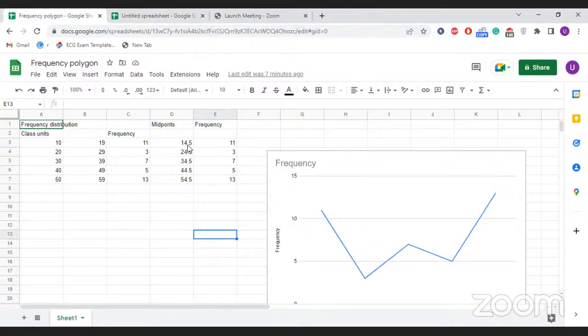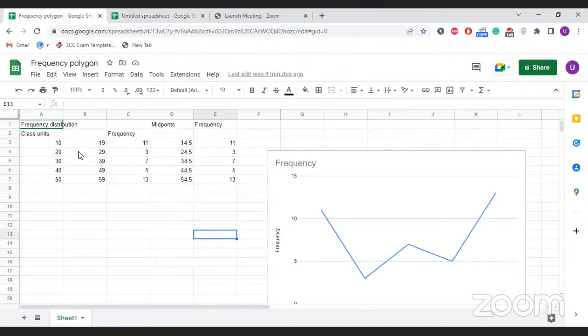It is 14.5. You can do this in Google Sheets by typing equals, then parentheses, and adding column A and column B, A3 and B3, and then the value would be 14.5. And then you can calculate all these values.